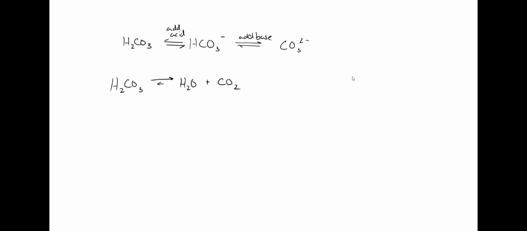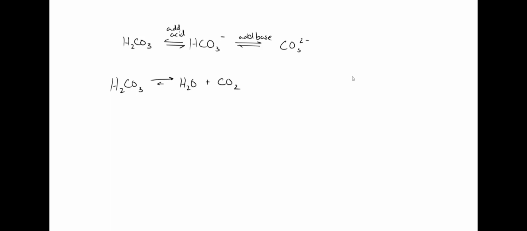Even though this is highly unstable, we would always expect there to be a little bit of it ready to be formed. So if there's not enough of this in the system, water and carbon dioxide, in order to maintain equilibrium, are pulled to the left to make some of this. That would then be converted into bicarbonate.